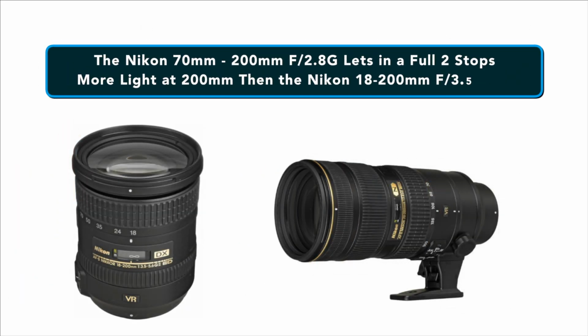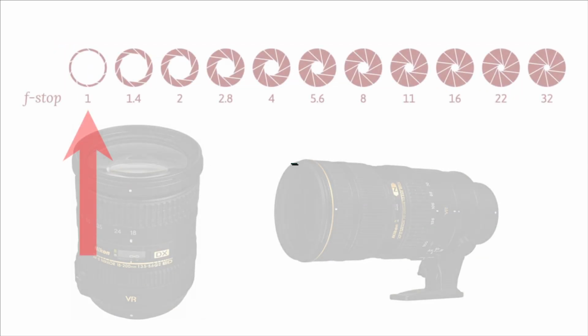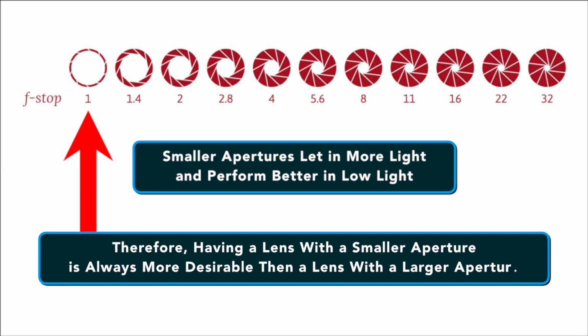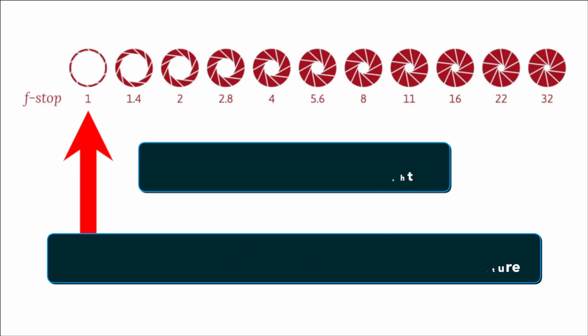This is a huge two-stop difference at 200mm compared to 70. Smaller f-numbers let in more light and perform better in low light situations, so having a lens with a smaller f-number is always more desirable than a lens with a larger one.